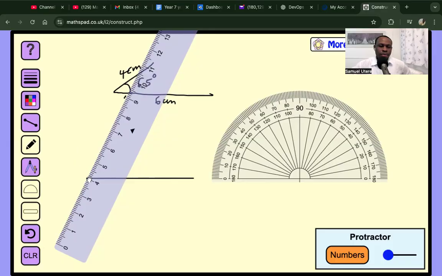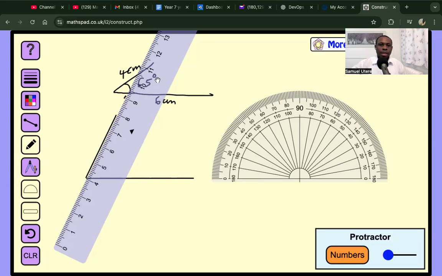From 4 to 8 is obviously 4 centimeters, so I'll do that now. I'm going to stop at 8 because I need just 4 centimeters.